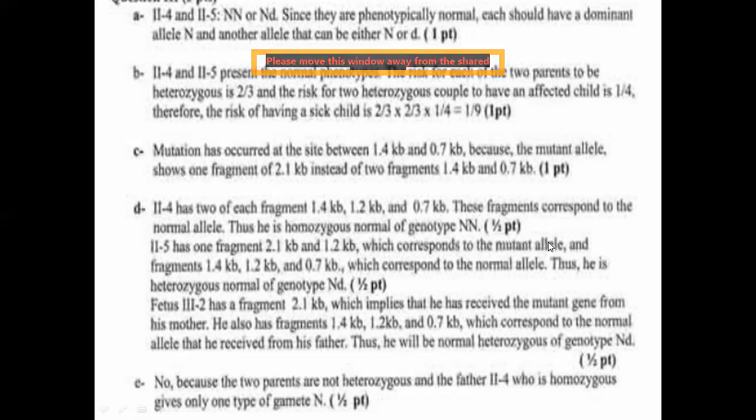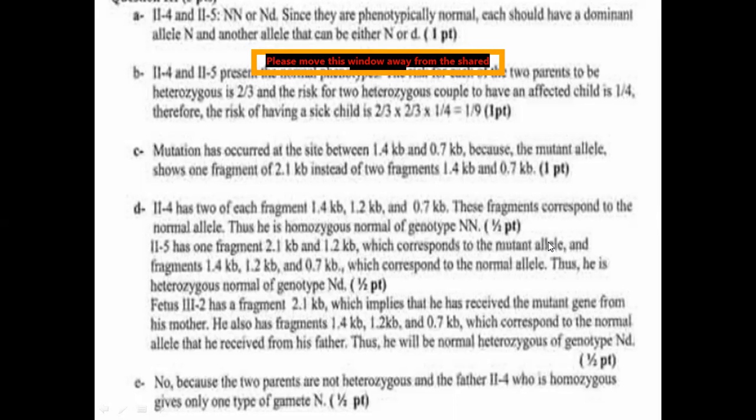So 2-4 and 2-5 are NN or ND. Why? Because since they are phenotypically normal, each should have a dominant allele N and another allele that can be either N or D. We wanted to calculate the risk for the couple 2-4 and 2-5 to have an affected child, or a mutant individual.